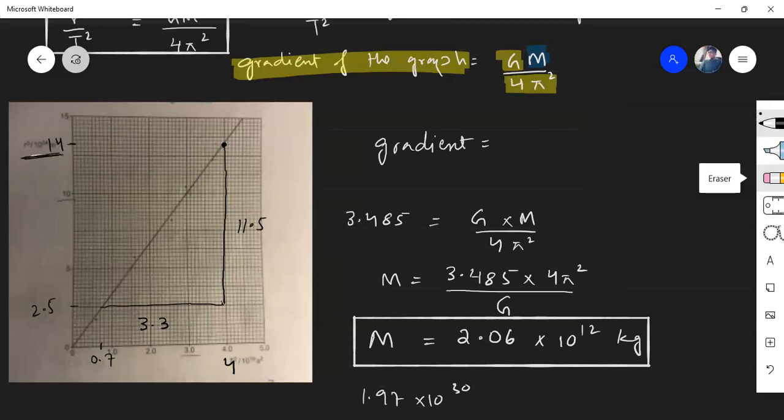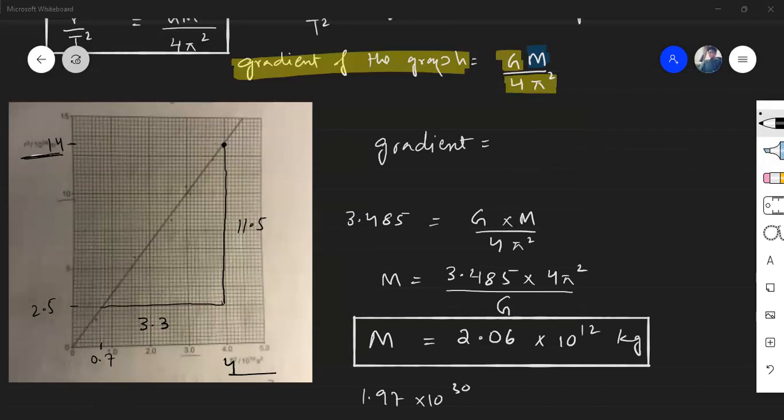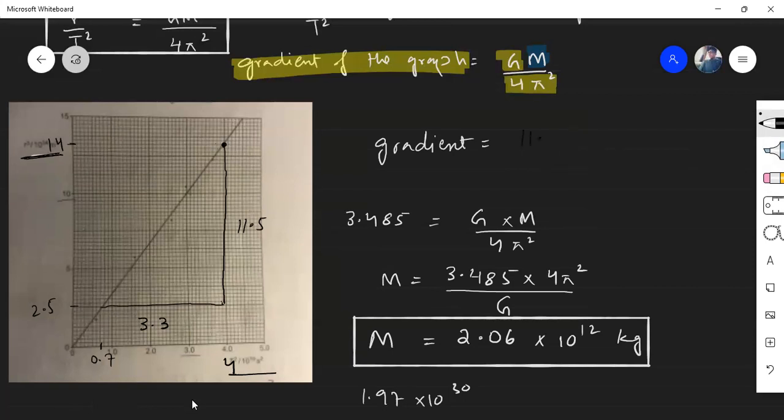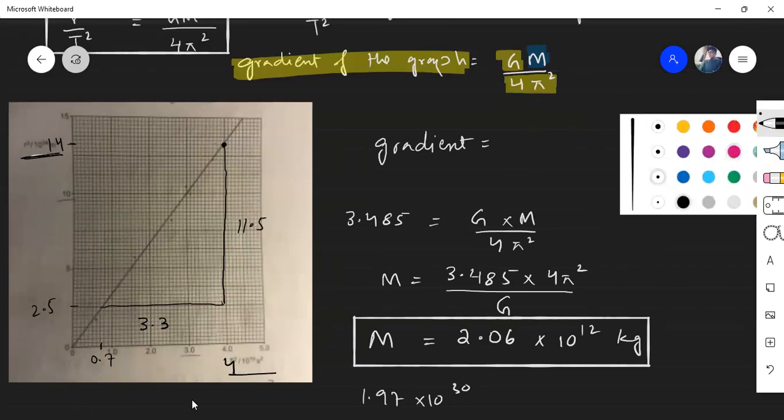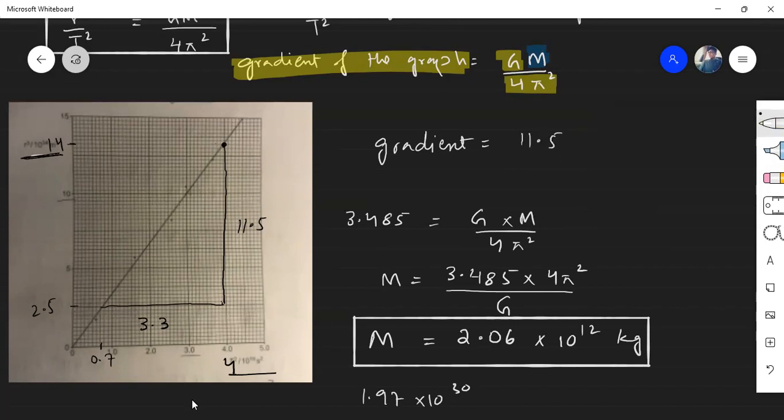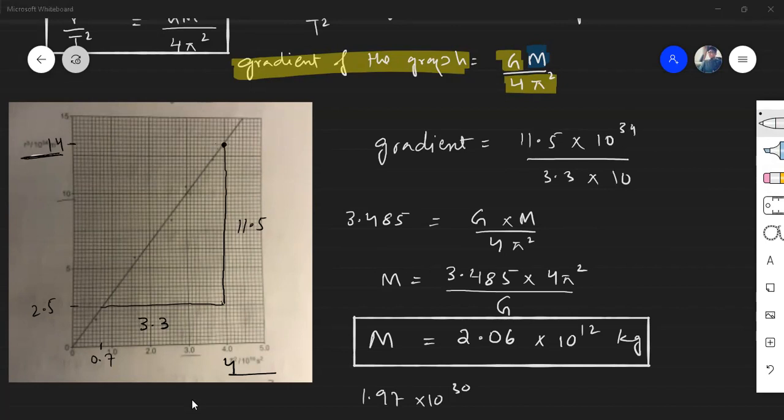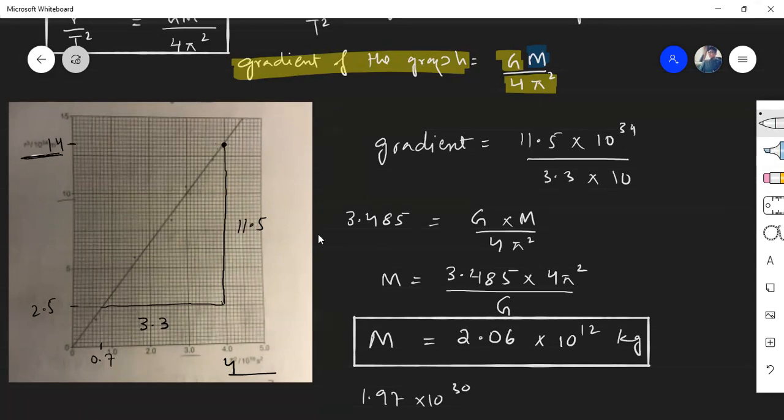We didn't read these units on this axis and this one. I'm not able to see them clearly here. Okay, 10 to the 16 and 10 to the 34. So the y-axis was 11.5 times 10 raised to power 34 divided by 3.3 times 10 raised to power 16.